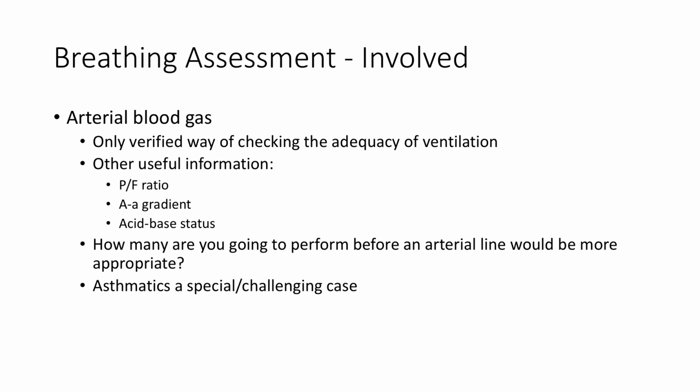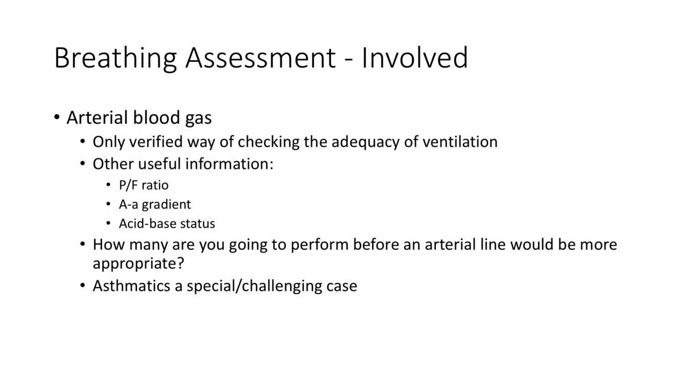It will tell you something about the AA gradient. We'll talk more in other sessions about shunt and about dead space. It will also tell you about the acid-base status of the patient, and something about their electrolytes in a number of cases. And really helpfully, it will also give you a glucose. So I'd really recommend an arterial blood gas in the assessment of almost all potentially critically unwell patients.